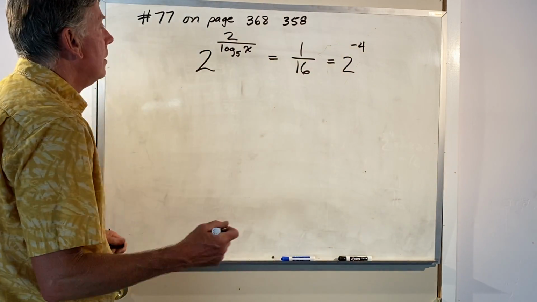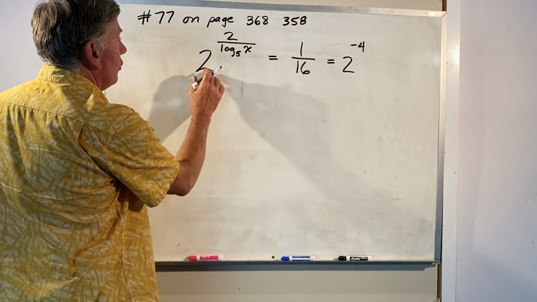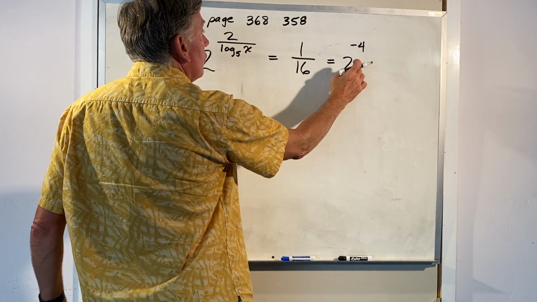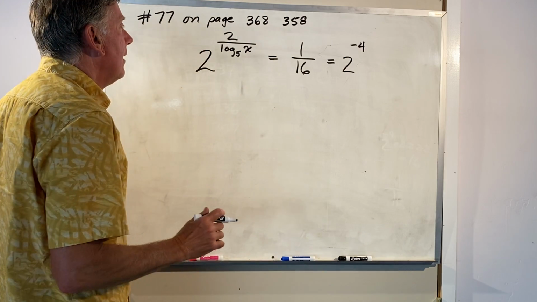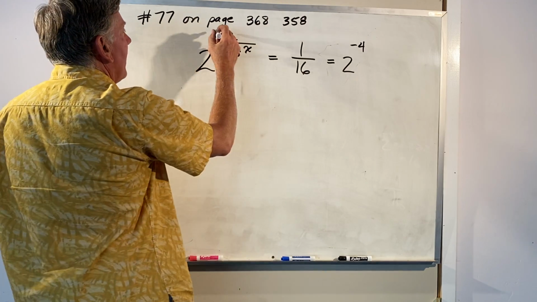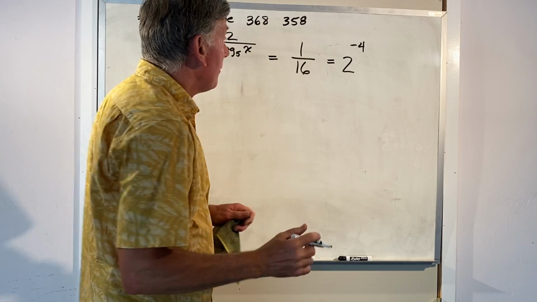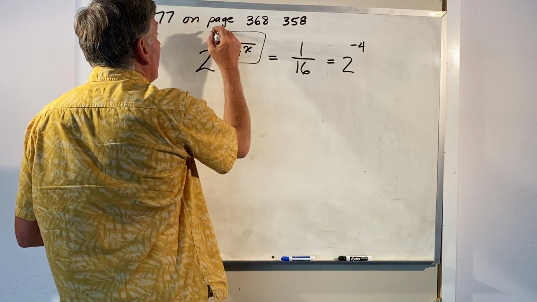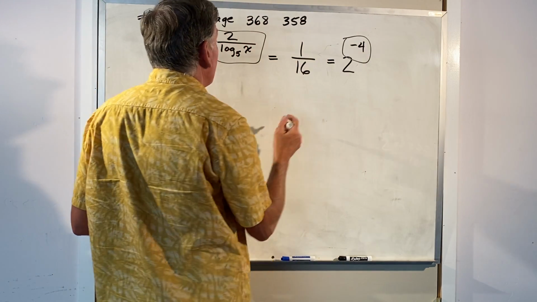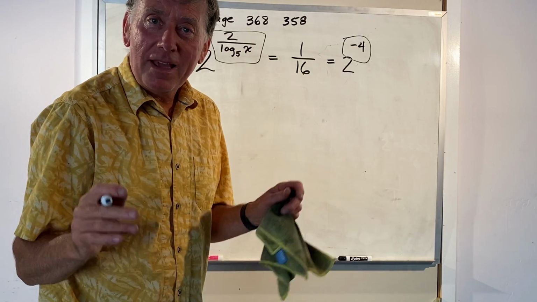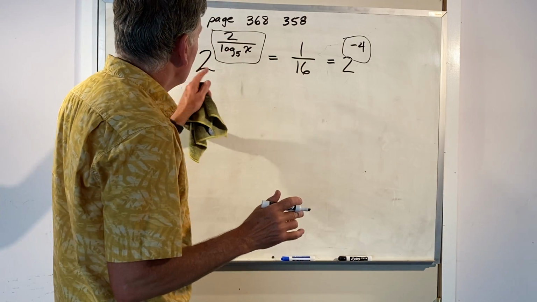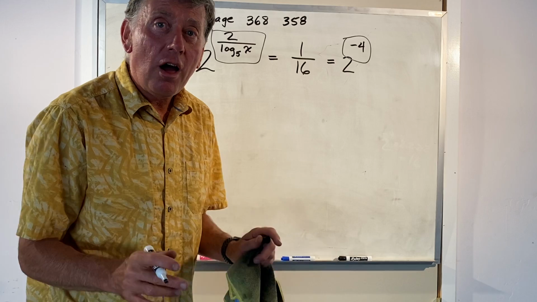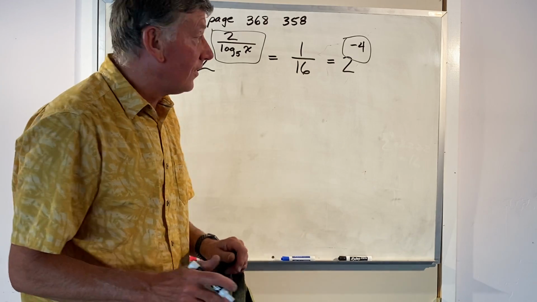Okay, now I've got 2 to this power is equal to 2 to the minus 4. Now I could save a lot of time by saying this exponent is equal to this exponent, and I'm actually going to get there, but I'm going to go instead by taking the log base 2 of both sides.